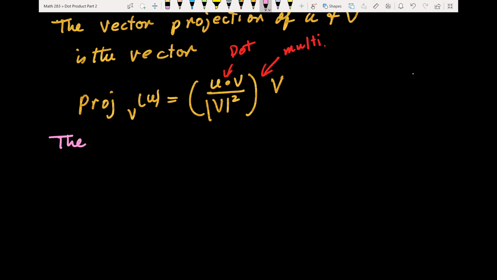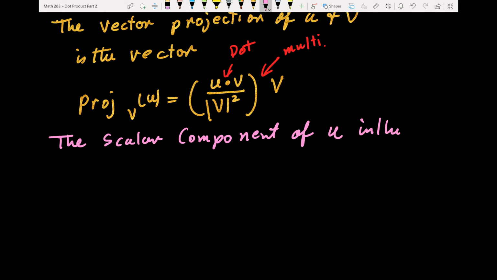Pink? Okay. The scalar component of u in, because you're understanding what's happening. It gives you direction. You're using that to be on the outside of the unit vector. You're looking at two vectors, the projections of u. We're going to do a little bit of drawing, and you'll see later what that means.